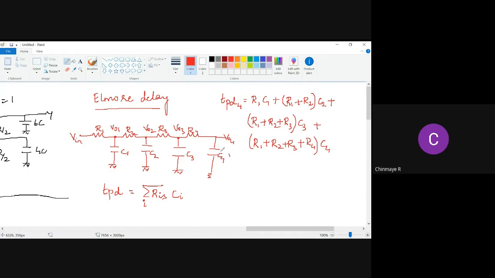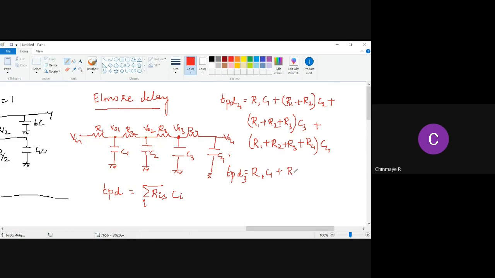Now, let us calculate the propagation delay at V03. Okay. So V03 is here. So there is no change in the first few terms. Now R1 is in the shared path. It is in the path from Vin to V03. Therefore, we'll have R1 C1. Due to the capacitor C2, R1 and R2 are in the shared path, that is, it is in the path from Vin to V03.